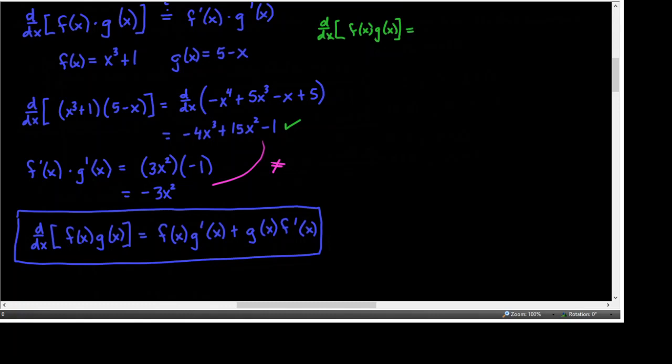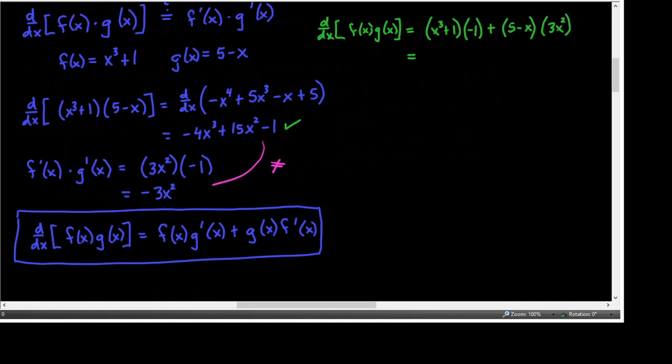Well, it should be the first function, which is x cubed plus 1, times the derivative of the second function, which is negative 1, plus the second function, which is 5 minus x. Notice all the parentheses I'm using. Times the derivative of the first function, 3x squared.